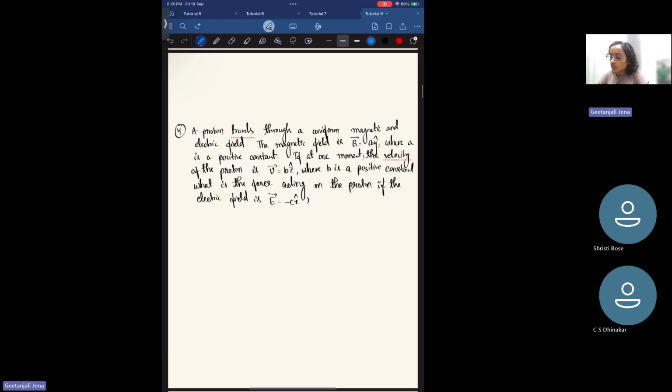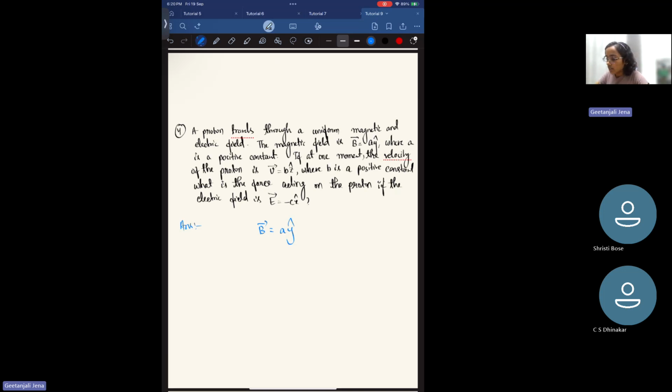A proton travels through a uniform magnetic and electric field. The magnetic field is given as B = a y cap, where a is a positive constant.